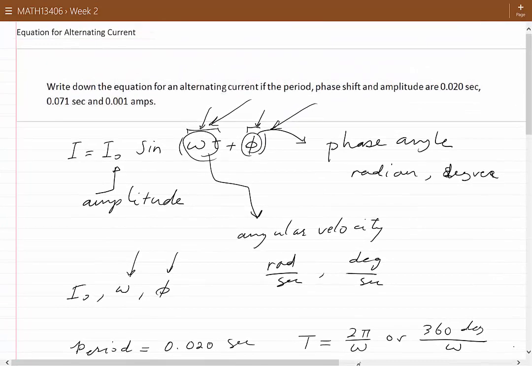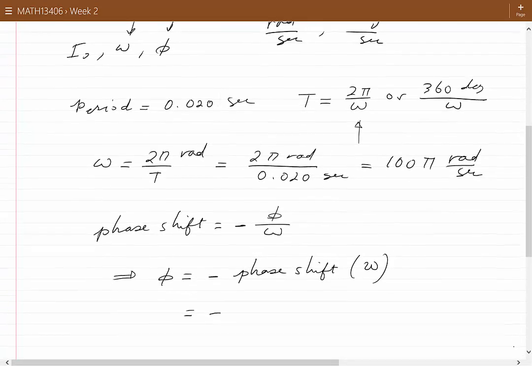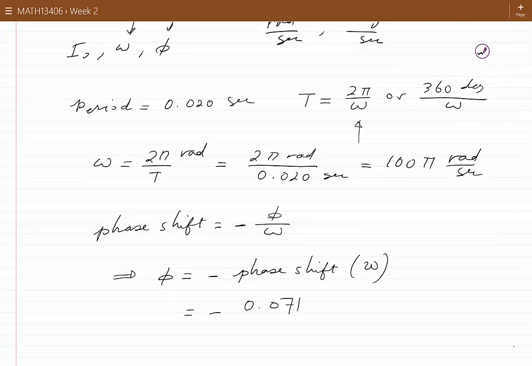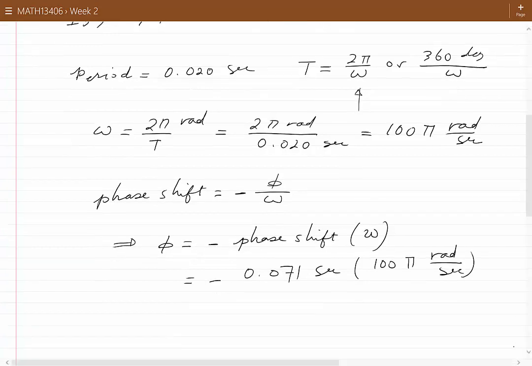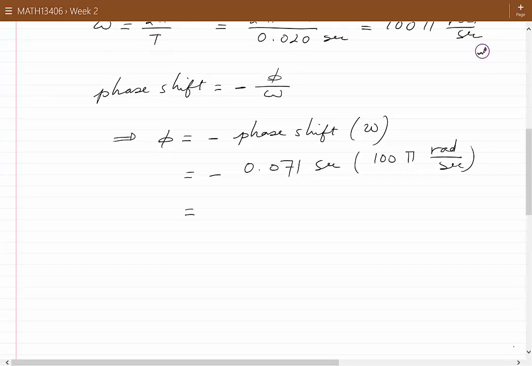The value of the phase shift is 0.071 seconds, and if you multiply that by omega, which is 100 pi radian per second, you would have minus 7.1 pi.